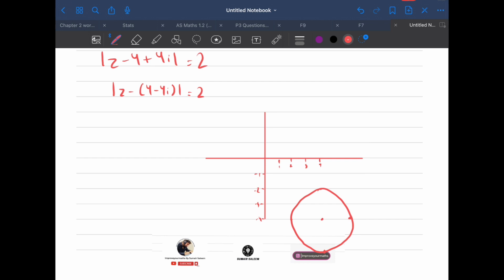Let's find out the normal modulus. How do you do that? Under root 4 square plus minus 4 square. That's under root 32. So for maximum, it's going to be under root 32 plus the radius. This till this point. So the radius is 2, so this will be my answer. And for minimum, it's going to be till this point. So under root 32, if I subtract the radius, will I get the answer, guys?